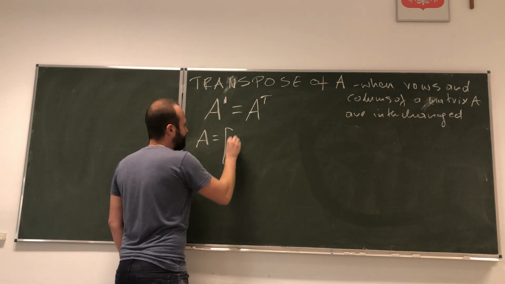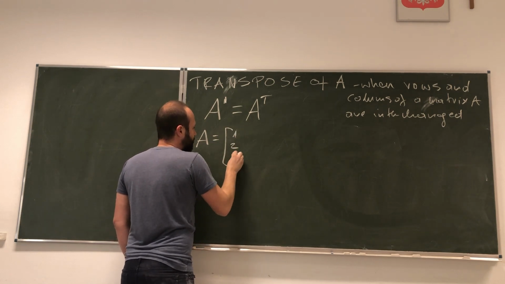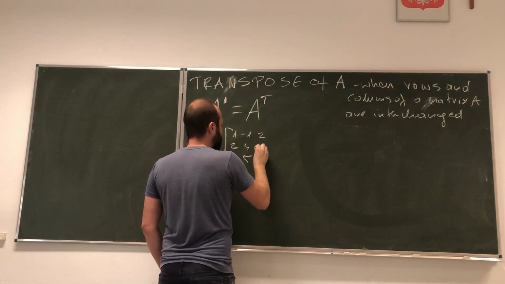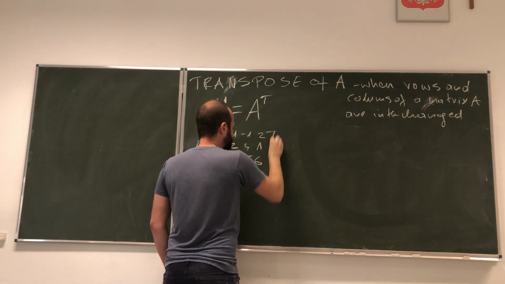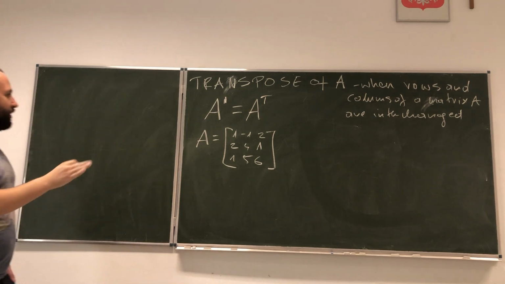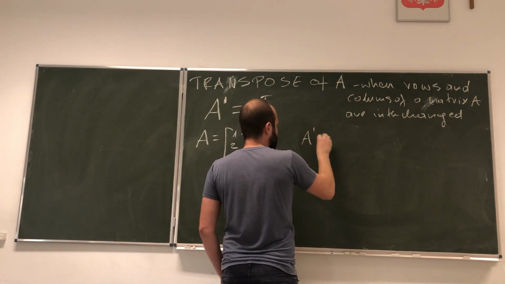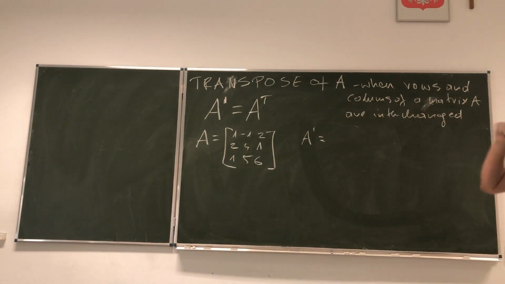Imagine that you've got some matrix 1, 3, 1, negative 1, 4, 5, 2, 1, 6. In order to obtain the transpose of A, what we need to do is to interchange rows and columns.